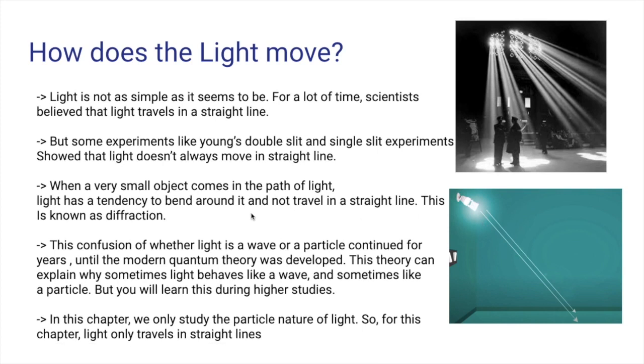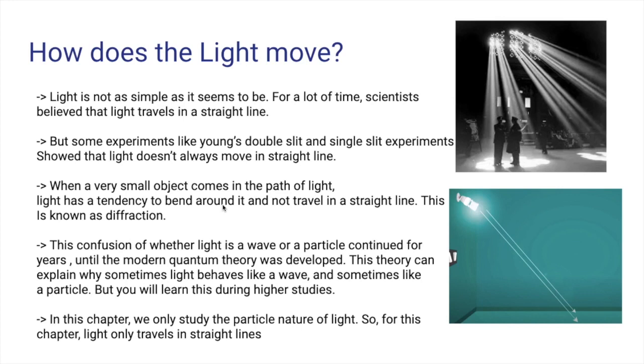But for this chapter we will be studying phenomena of light, that is reflection, refraction, and also dispersion. We will not study anything where the light has to deal with very small microscopic things like a tiny hole or a small object. So that's why we will not notice the wave nature of light.